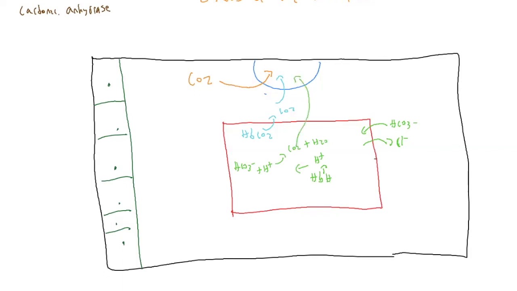So once again, the carbon dioxide that is dissolved in the blood is going to diffuse into the alveoli. Easy. The carbon dioxide bound to the hemoglobin is going to dissociate due to the law of mass action at the site of the alveoli, and it's going to diffuse into the alveoli.